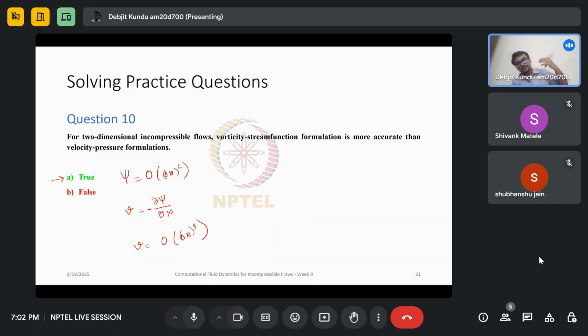You get the point, right? So you know the gradients of a number in some sort of accuracy. So when you're trying to find out the velocities, oh, sorry, my bad.